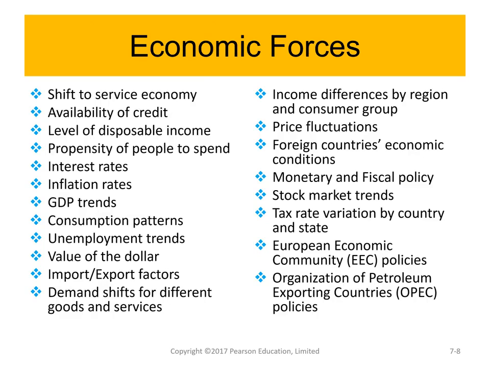Now, if you look at this set of slides, there are a host of economic elements that will affect an organization. So we have things like availability of credit, disposable income, propensity of people to spend, interest rates, inflation rates, GDP trends. You have price fluctuations.